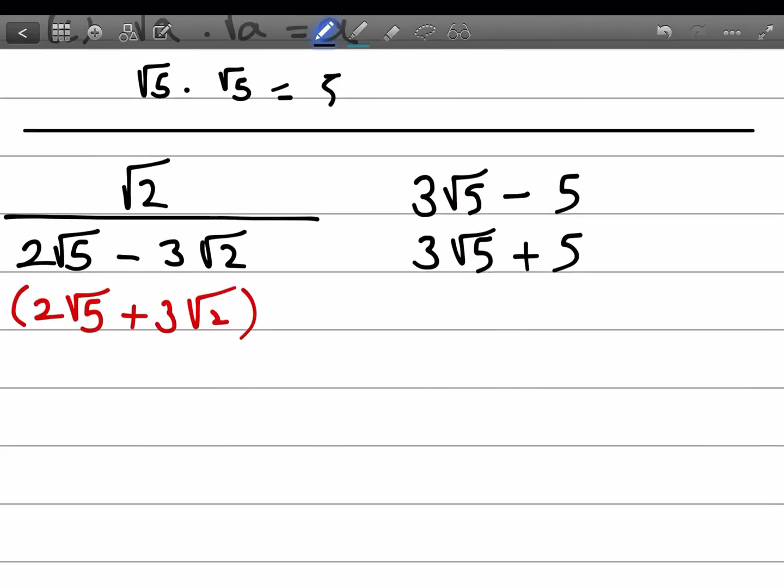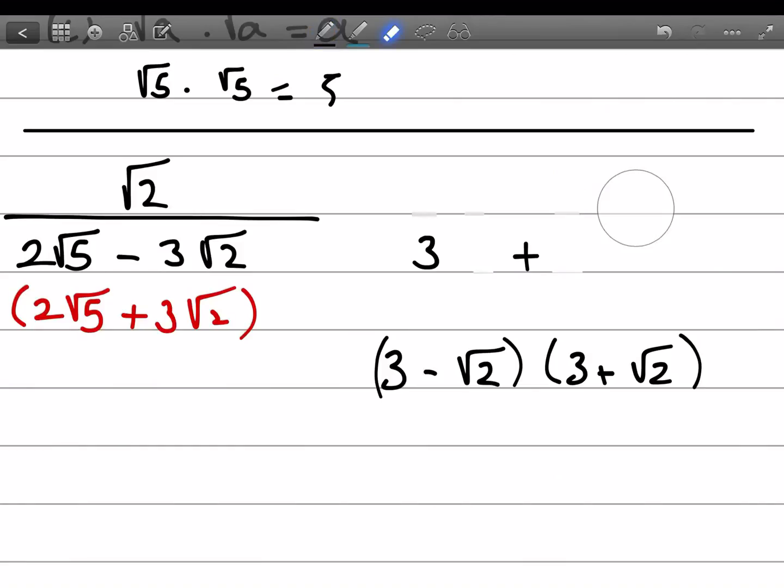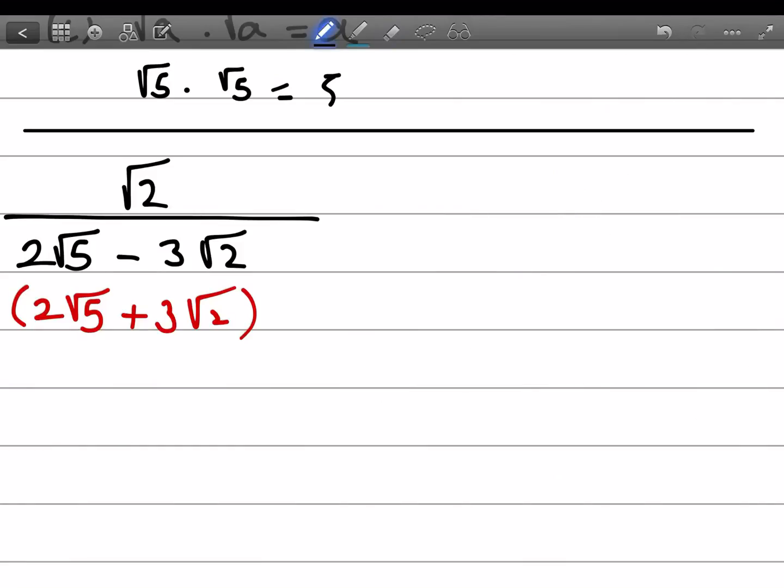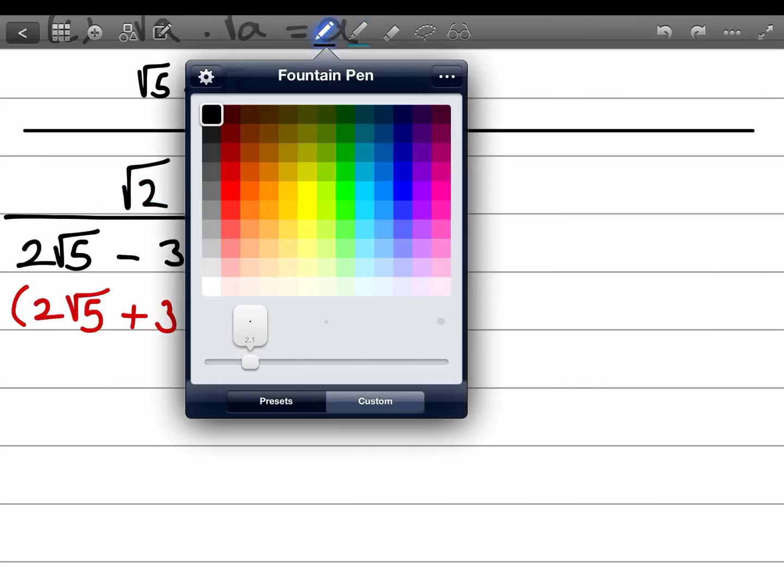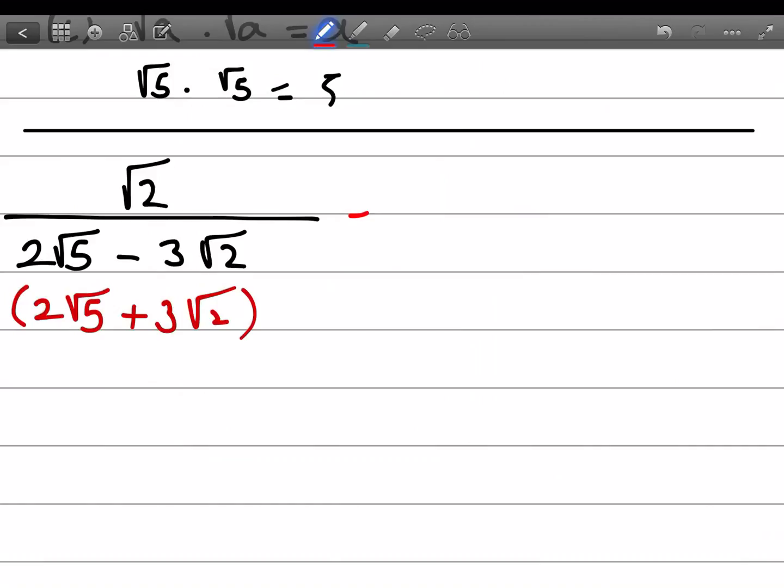Let's do another example. 3 minus root 2 has a conjugate of 3 plus root 2. That's really easy. Super easy. And let's do the calculation. We know how to multiply this term with this. That's really easy. Look at that.